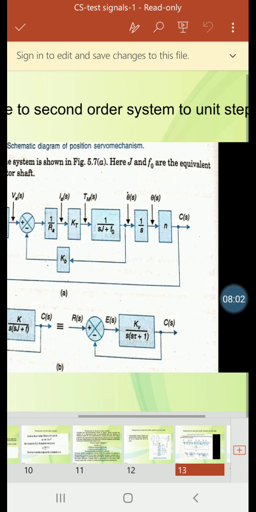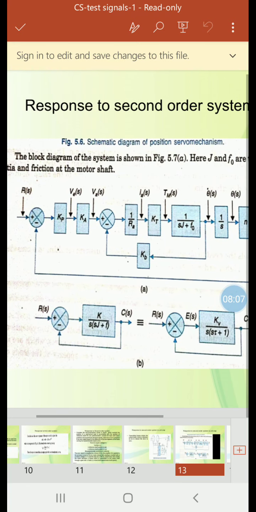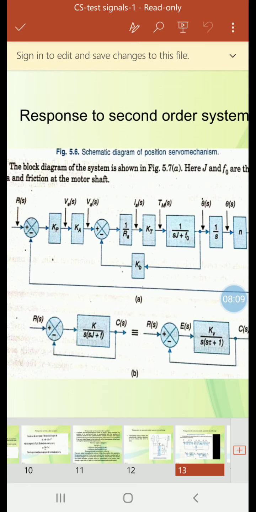These J and F naught are the equivalent inertia and friction at the motor shaft. You can see R(s), Kp, Ka, Va(s), V naught(s), Ia(s), Tm(s), theta(s), C(s), Kb. This is the reduced block diagram which comes to the final form.